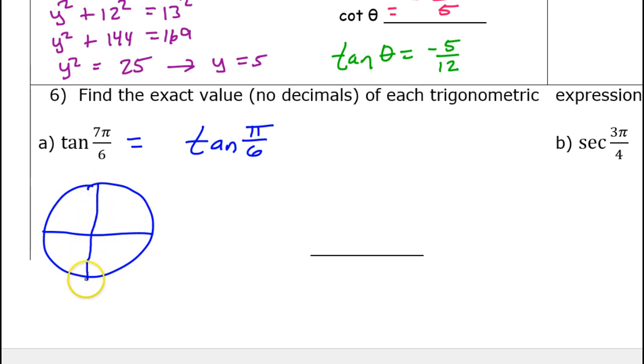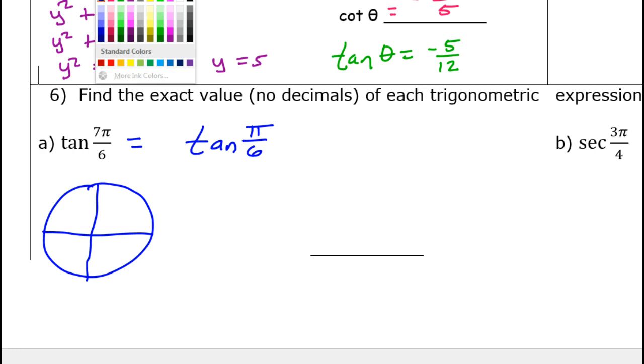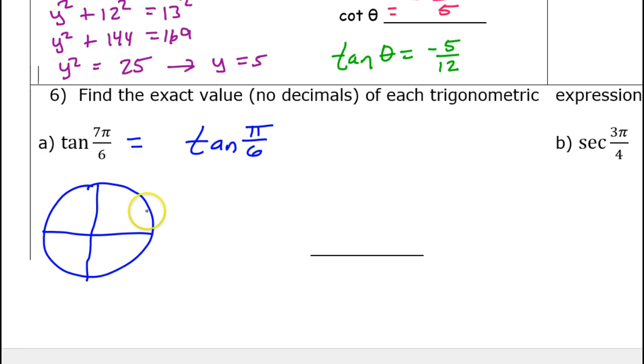And then each one of those will be pi over 6. Wow, that's a crooked line. Hey guys, drawing with an electronic pen like this is tricky, so don't judge me. So notice how I have 6 pieces here in the top.